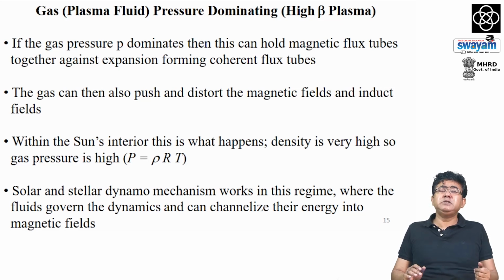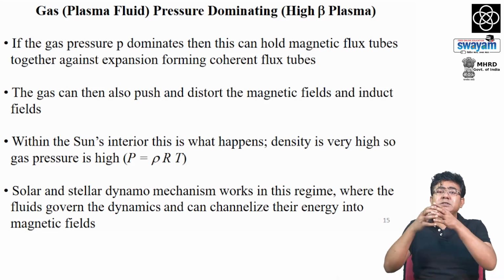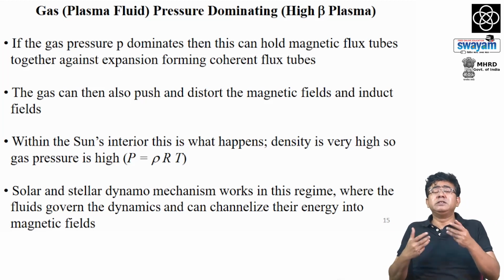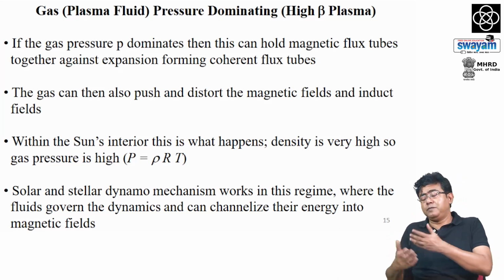So, when your gas pressure is very high, the gas pressure plays a dominant role in the dynamics, and it can actually hold magnetic fields together and produce coherent magnetic flux tubes and not let them expand. Okay? And this is what happens in the interior of stars like the sun, where I expect to find coherent magnetic flux tubes which are held in pressure balance with the fluid pressure or the plasma pressure, which is the thermal pressure really.